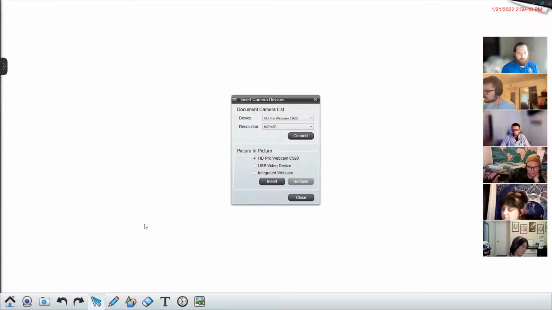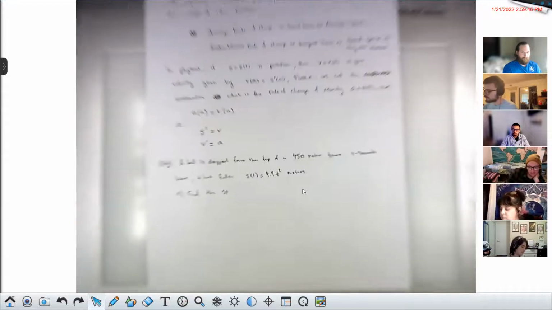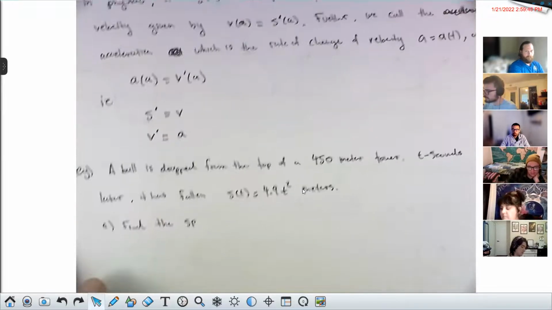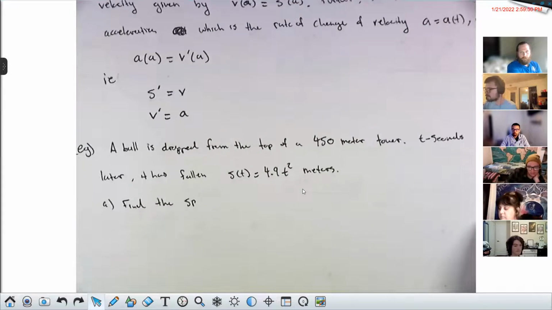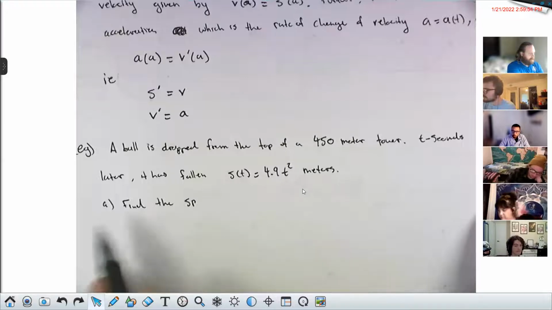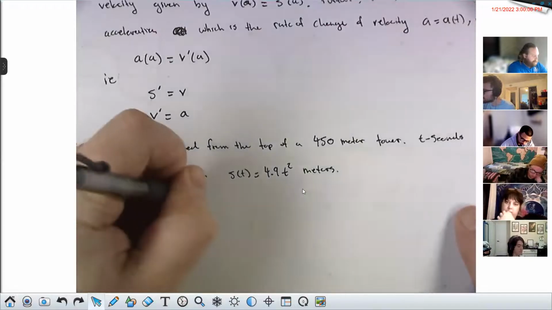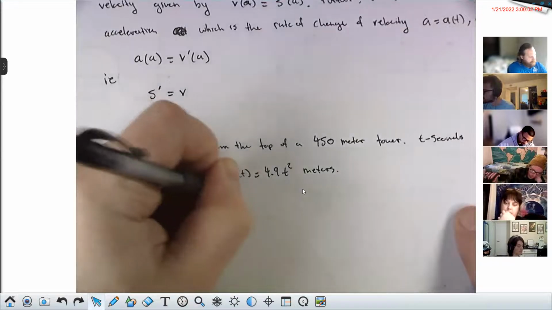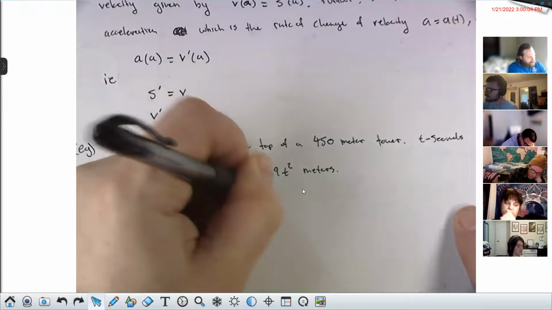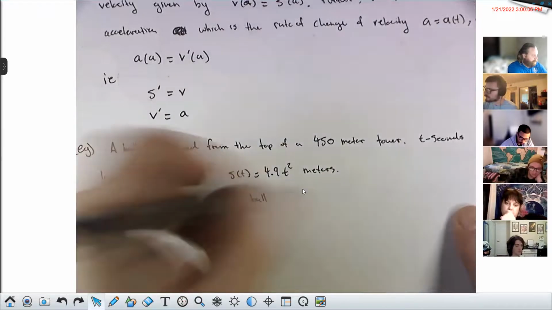Okay. Ball is dropped from the top of a 450 meter tower. t seconds later, it has fallen this amount, 4.9 t squared meters. Find the speed. Ball is falling. They shouldn't call it velocity in this problem. I'll tell you why later.